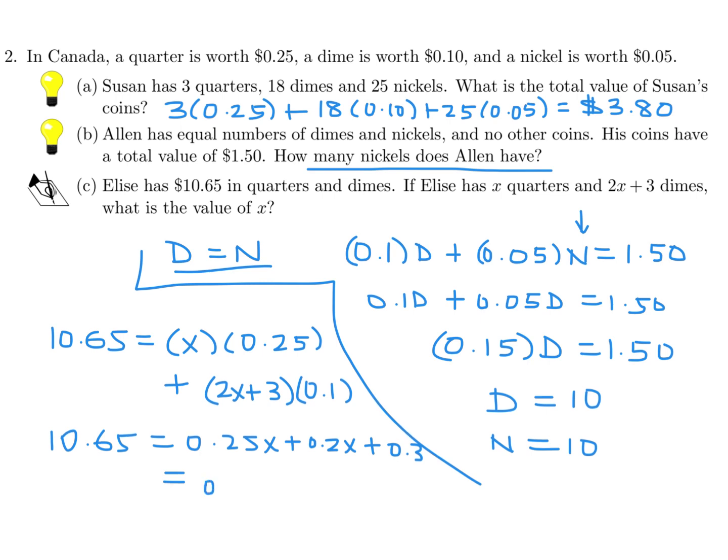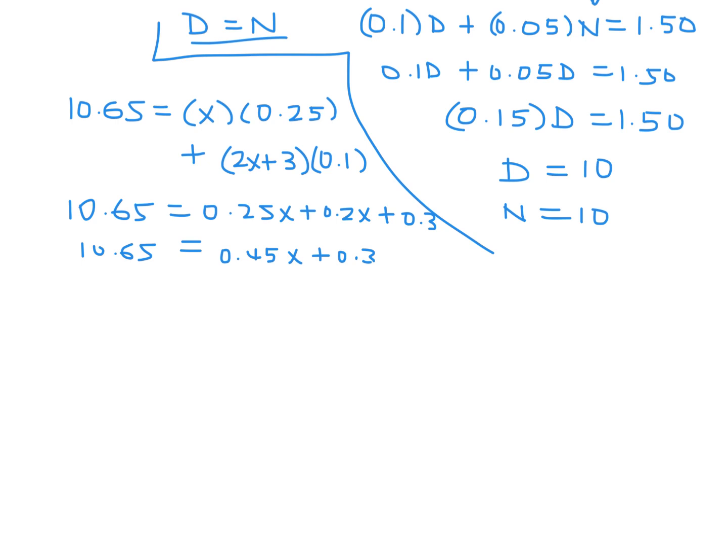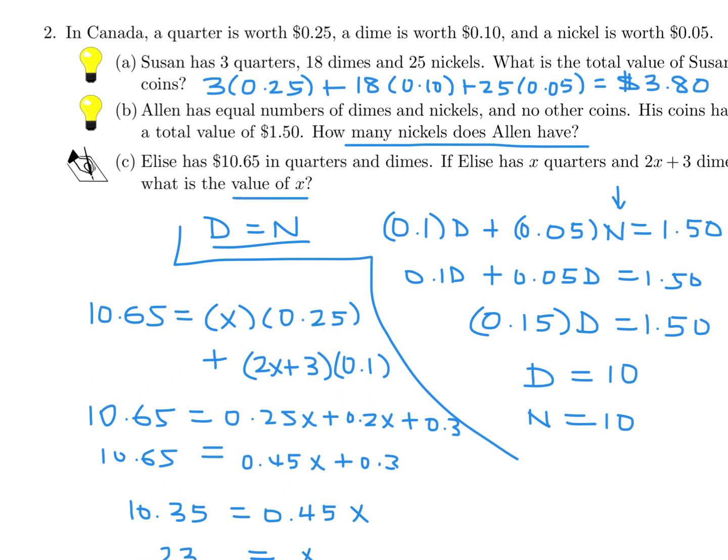So that's going to be 0.45x plus 0.3 equals 10.65. And then I guess we just bring this over, so this becomes 10.35 is 0.45x, and then divide through by 0.45, and you will get 23. So x equals 23, and that's what they wanted.